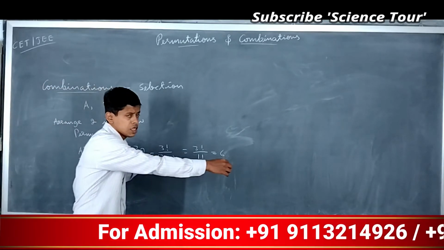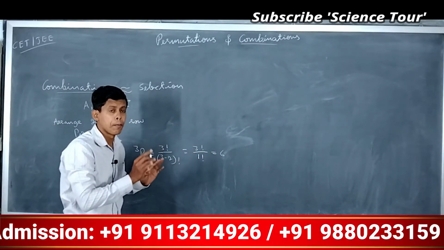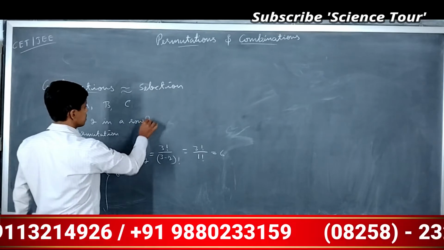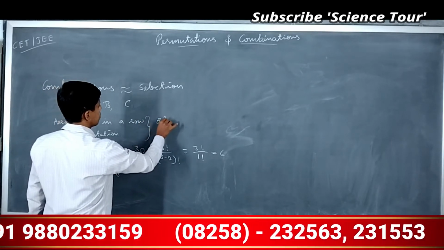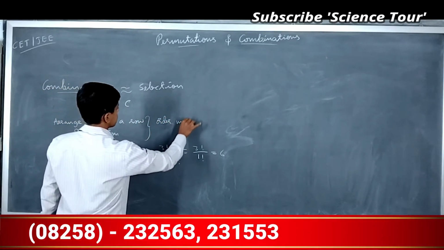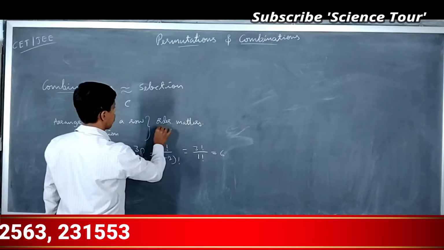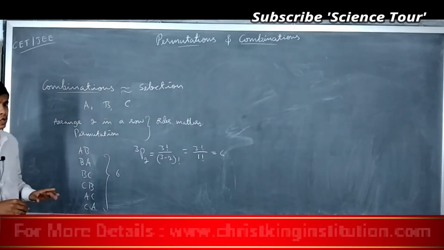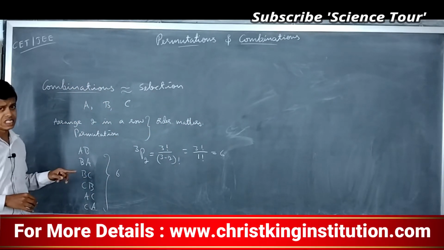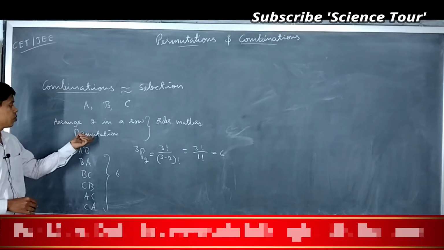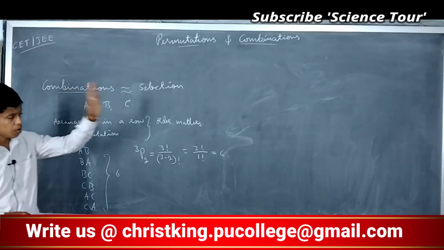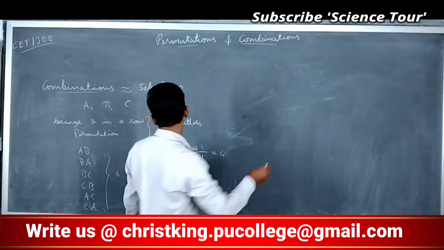When you arrange them in a row, order matters. So in this case order matters. Order is important. You have to note whether order is necessary. If order is necessary, then you have to go for permutation and not combination. Now what do you mean by combination?